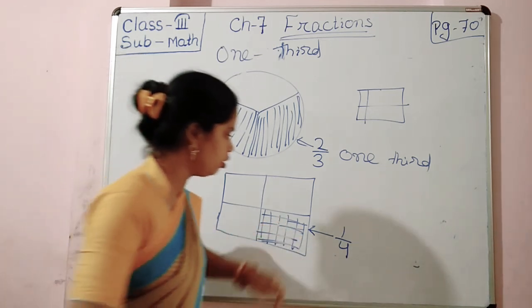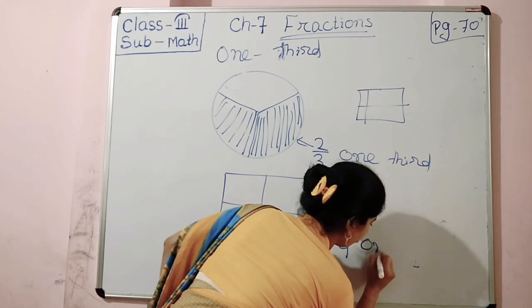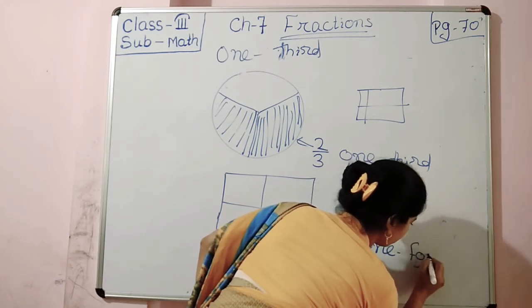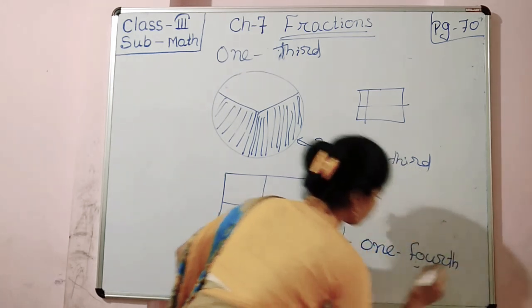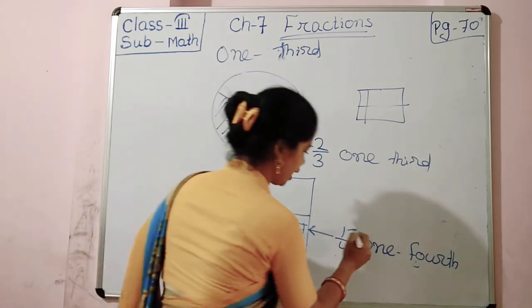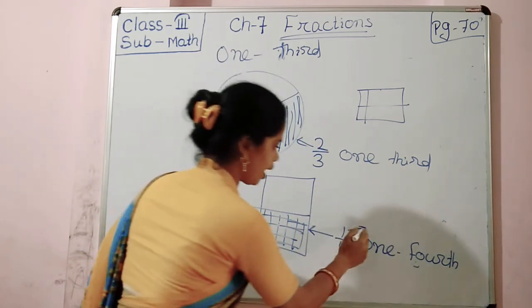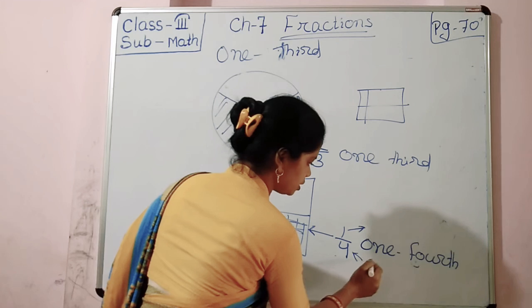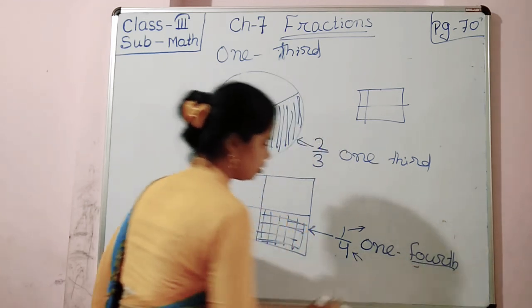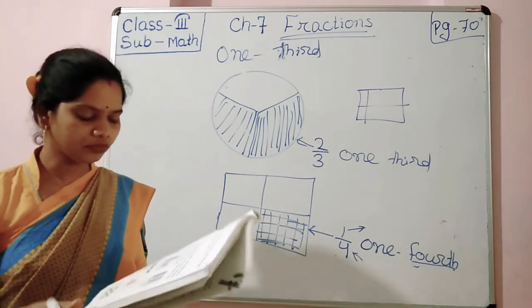So it is called 1/4, fourth. The denominator we call ordinal.